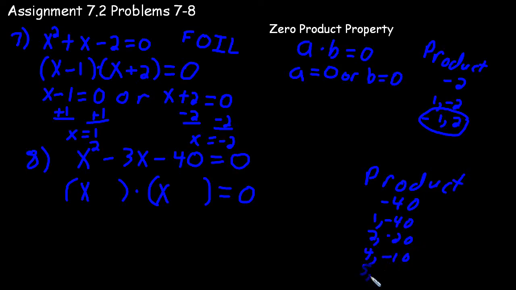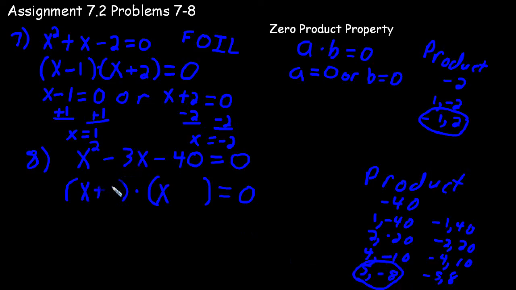Then you could swap the signs: negative 1 and positive 40, negative 2 and positive 20, negative 4 and positive 10, negative 5 and positive 8. There are a lot of products that give us negative 40. We need the one that gives us a sum of negative 3. Well, that would be 5 and negative 8. So it would be plus 5 and minus 8.